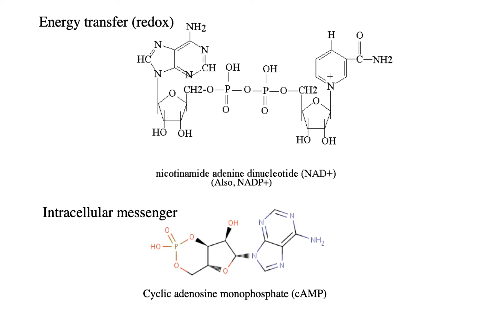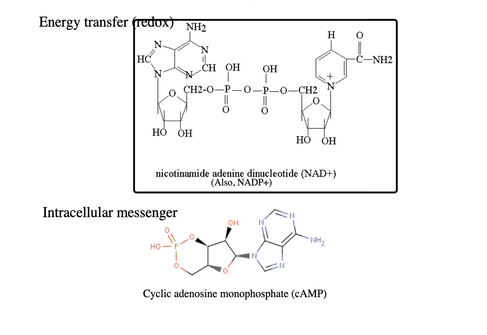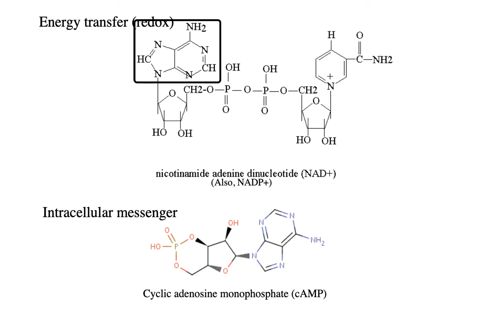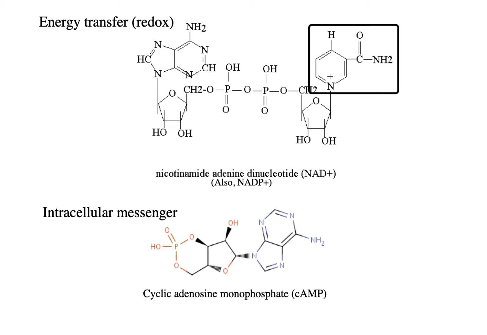There are some very important fundamental molecules also that are made of RNA. One of them is NAD and NADH, nicotinamide adenine dinucleotide. This contains an adenine and a nicotinamide moiety in the molecule, and this is important in what are called redox reactions.